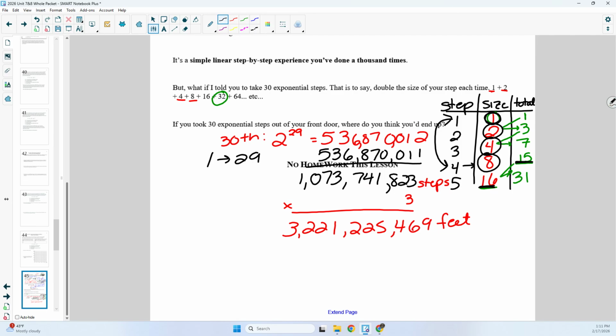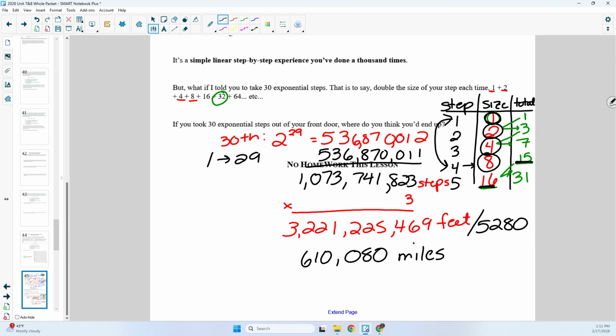Now, no one measures that in feet, so the next thing we'd probably want to do is say, okay, how many miles is that? So I'm going to divide by the feet per mile, which is 5,280. That gives me 610,080 miles. Okay, so I don't have a whole lot to compare that to.